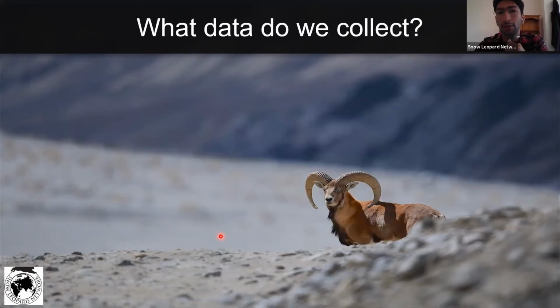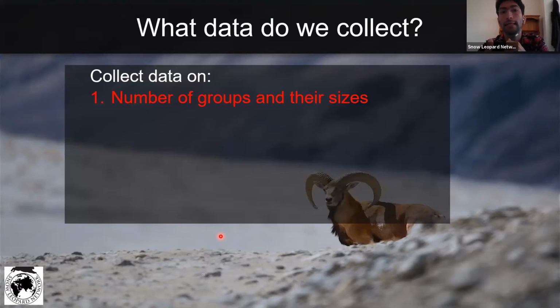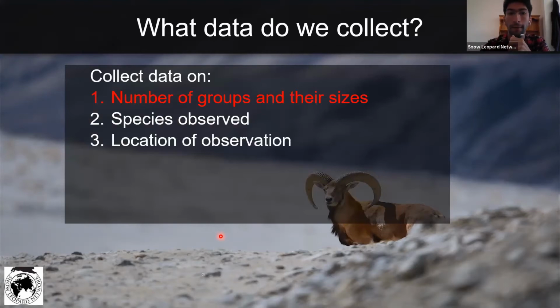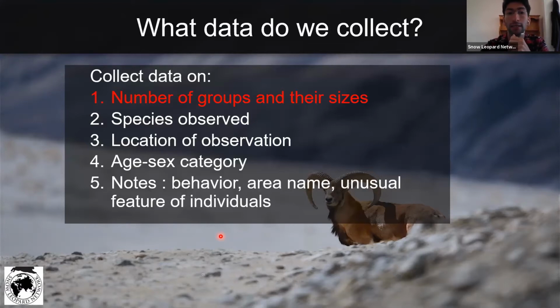So just taking a step back, to recollect from last class, when we're doing Double Observer surveys, what kind of data do we collect? As we know, we collect data on the number of groups and their sizes, as we saw last time. Obviously, what species we observe, the location of the observations, the age-sex category of the observations, and other notes such as if there's certain typical behaviors that they're doing, the area name that you've seen them in, or some unusual features like broken horns or whatever.